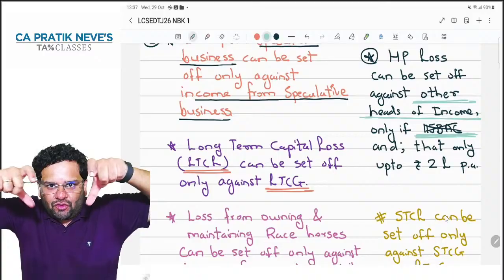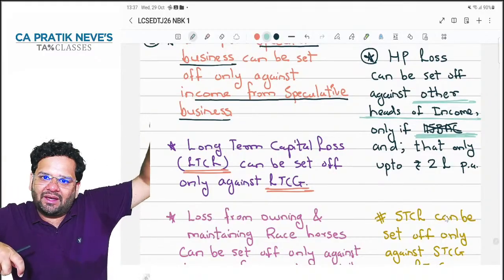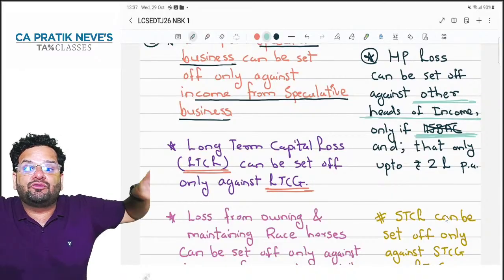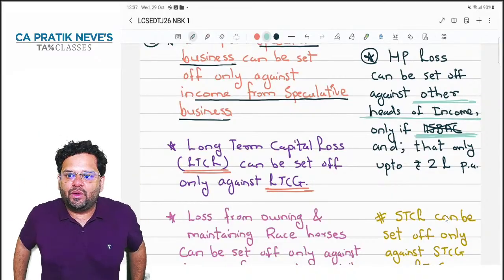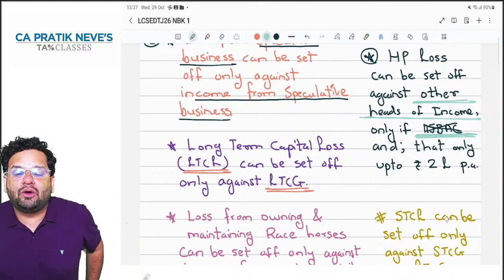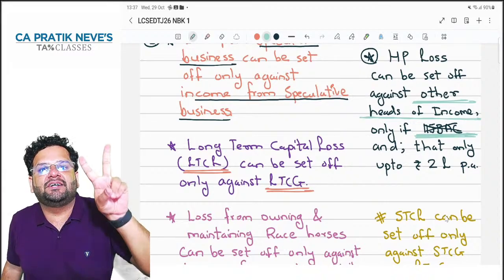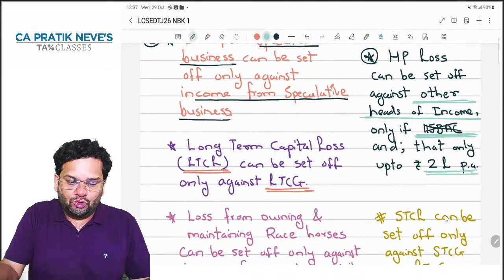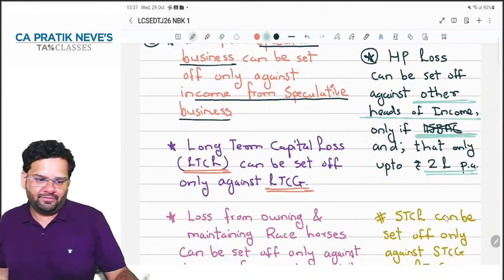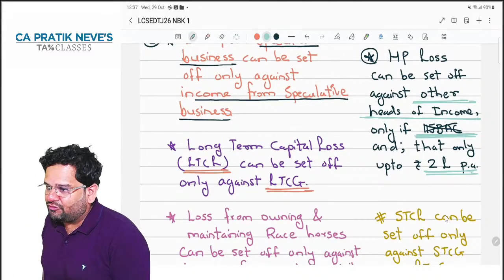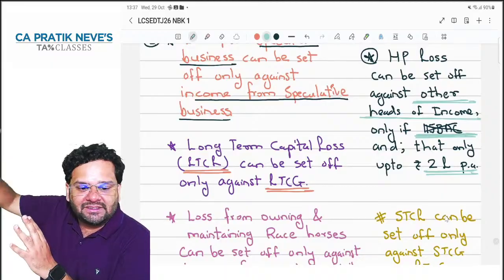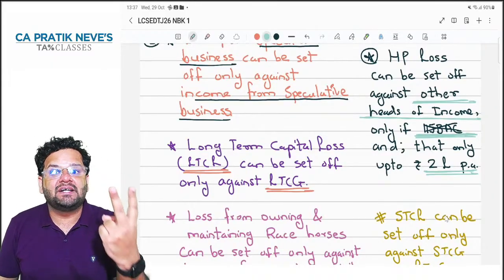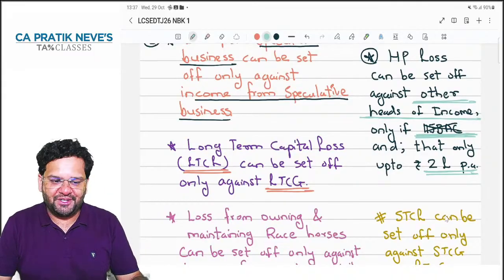Inter-head set off of HP loss will be allowed against other heads of income only if you are out of 115 BAC, and then only to the extent of rupees 2 lakhs. So I want all of you to put this limit in the chat window. What is the limit of setting off of HP loss against other heads of income? The limit is rupees 2 lakh per annum. Did you all get it, friends?